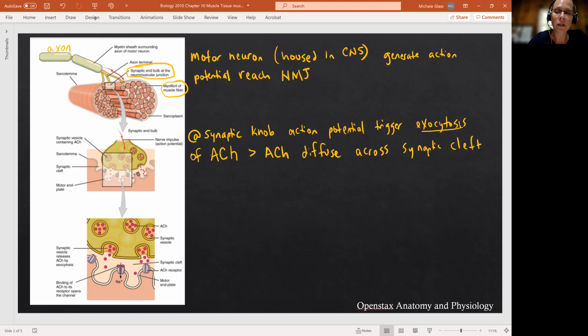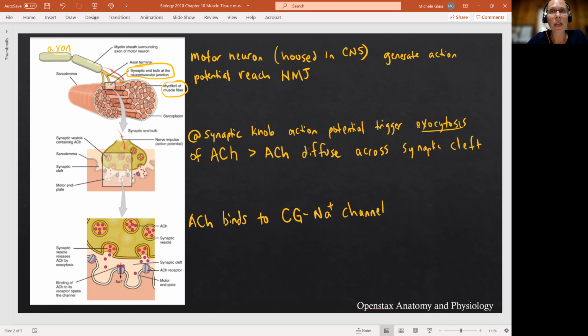So next thing I'm going to say here is the acetylcholine binds to, and here I'm going to call it a chemically gated sodium channel. And just to make it easier in my notes, I'm going to abbreviate chemically gated as CG, and then I'm going to write sodium ion and channel.